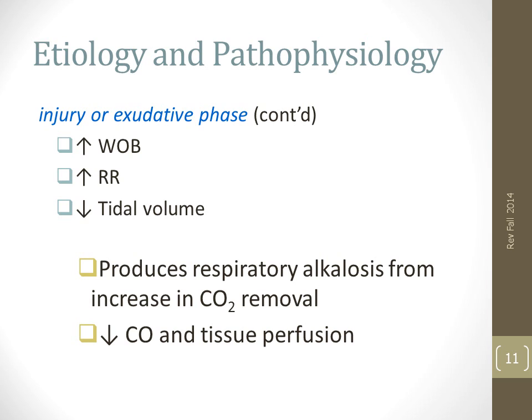And in the beginning, they have a respiratory alkalosis because they are breathing as fast as they can, and they are blowing off all that CO2, which results in respiratory alkalosis. And as the work of breathing becomes more and more, it turns to respiratory acidosis because their rate is slowing down. They're exhausted. And we get that respiratory acidosis because they're holding on to that CO2.